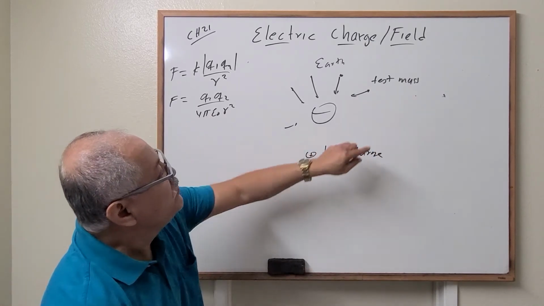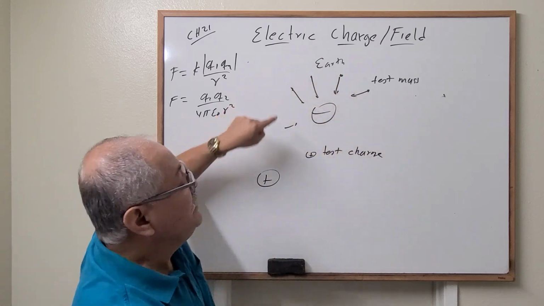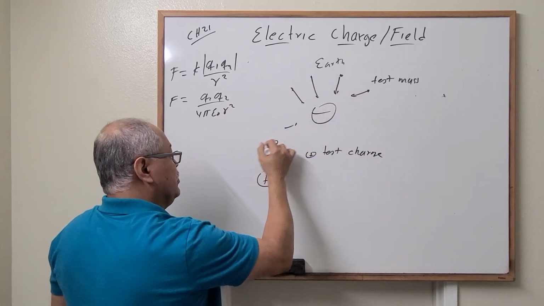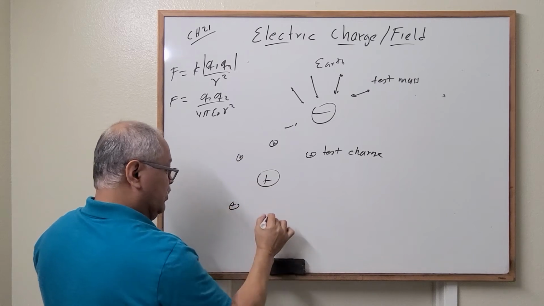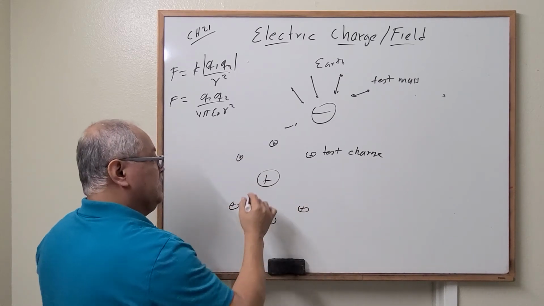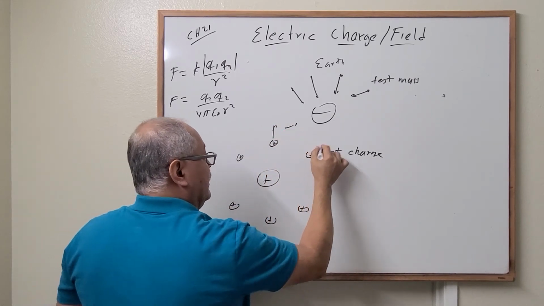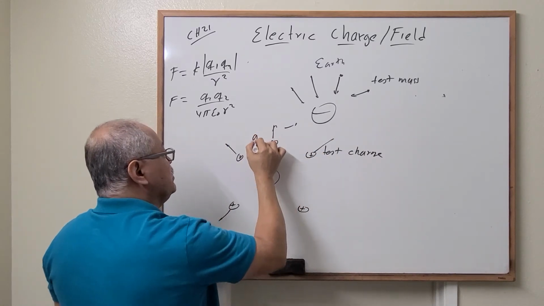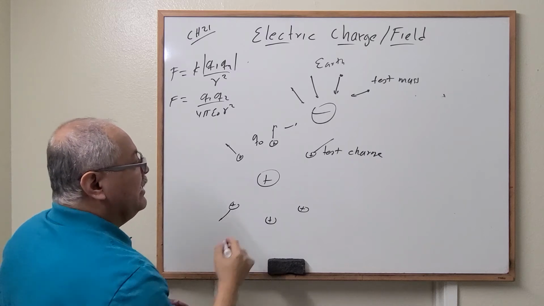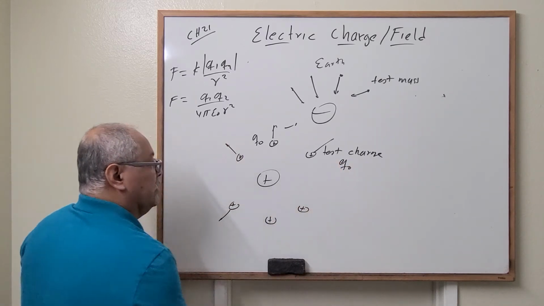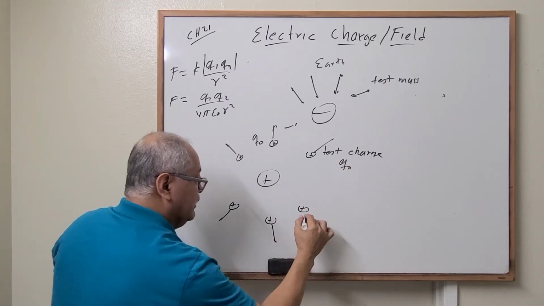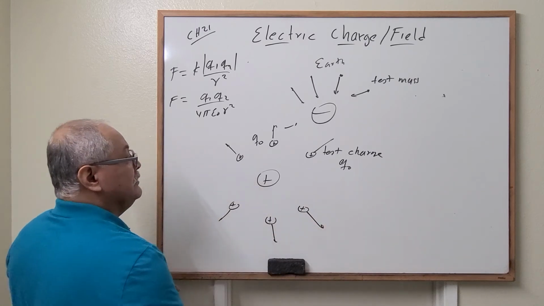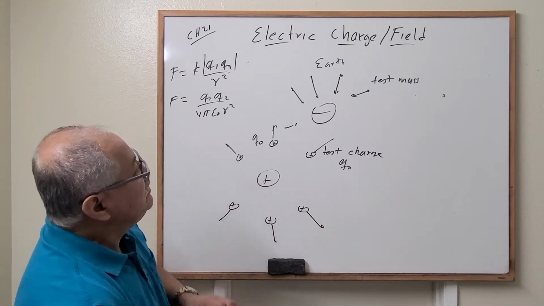Let's do the same thing as we did for the Earth. Let's move this test charge around this original charge. And what happens? Well, they repel. The symbol for the test charge is q naught. So it's being repelled.